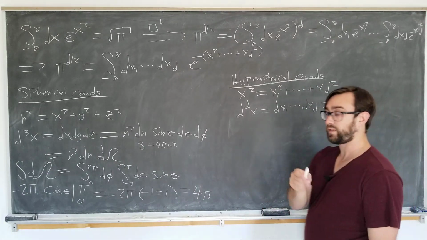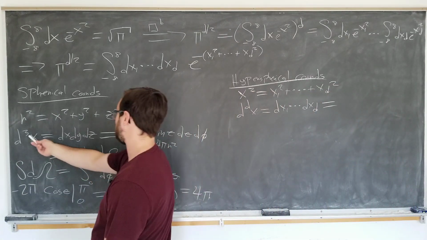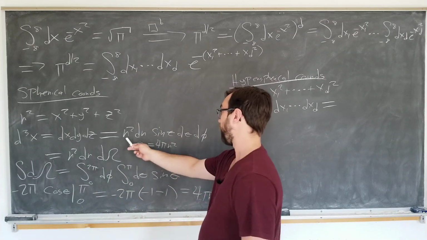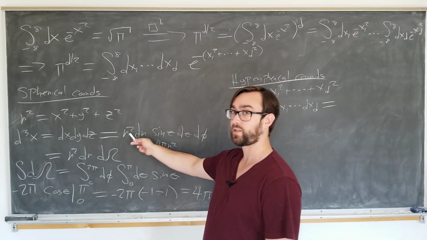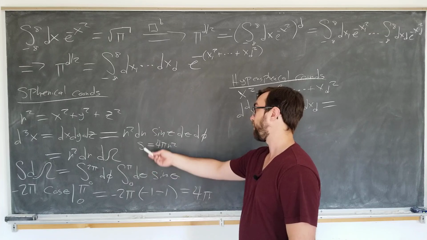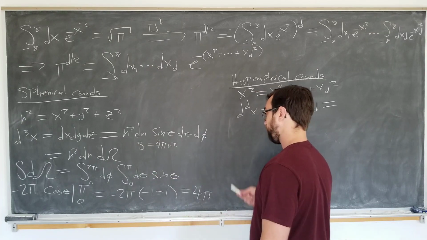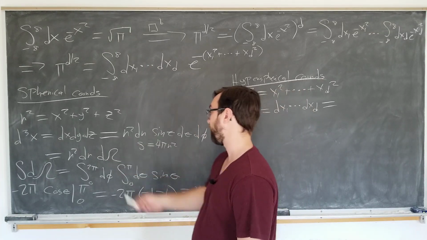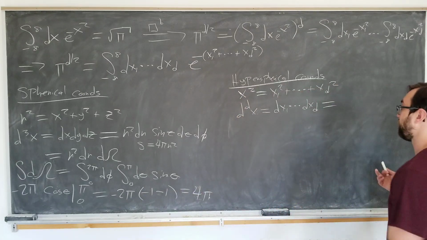And if we look at what we did the first time, we had a three-dimensional volume element. We had the radius to one less power multiplied by the differential for the radius. And then we had our factor d omega. Well, it's going to be the same thing here.